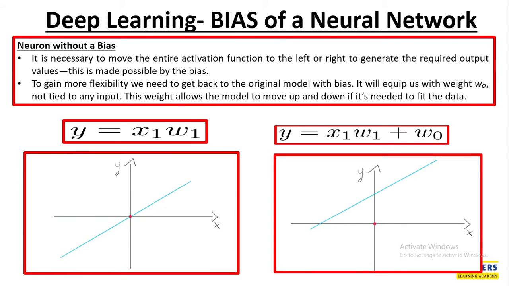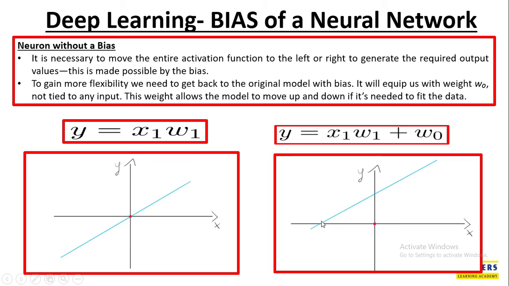Now, let's understand what happens when there's a neuron without a bias. It is necessary to move the entire activation function to the left or right to generate the required output values, and this is made possible by bias. This is a plot of a function.